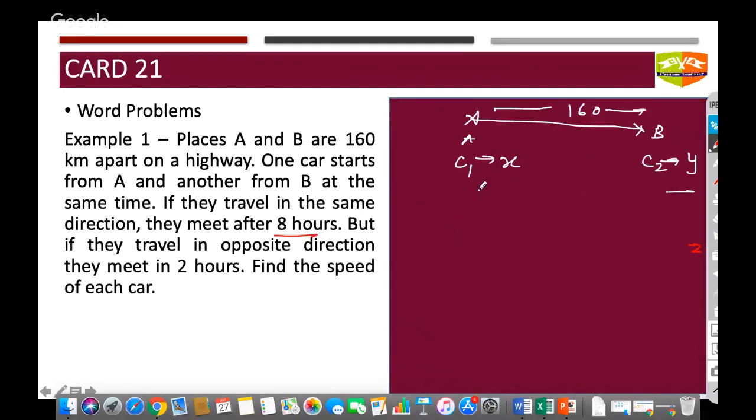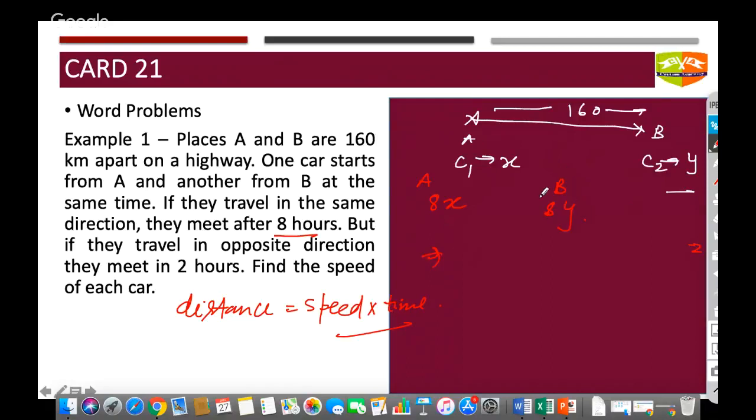So distance traveled would be how much? Distance traveled by car A would be 8x. So I'm writing the formula here. Distance is equal to speed into time. And distance traveled by car B would be, suppose the speed is y, so 8y.